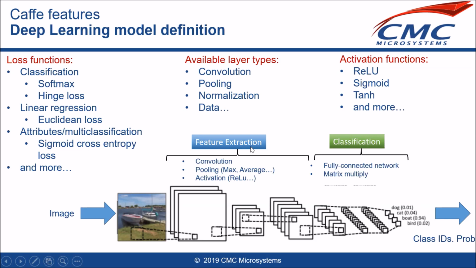For feature extraction, any network uses a series of convolution, pooling, and activation layers. And classification uses basically a fully connected network and matrix multiply. In this case, we take an image, do all the processing, and then predict the class of the image. For example, here we have a boat with a probability of 0.94. And this is a case for inference.